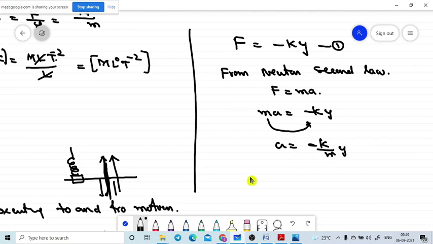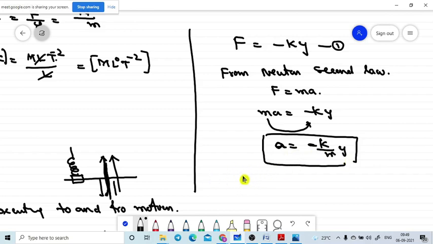One more time, will you please look at this: A is the acceleration of the body.